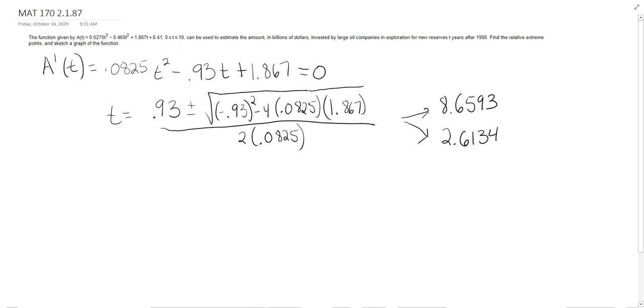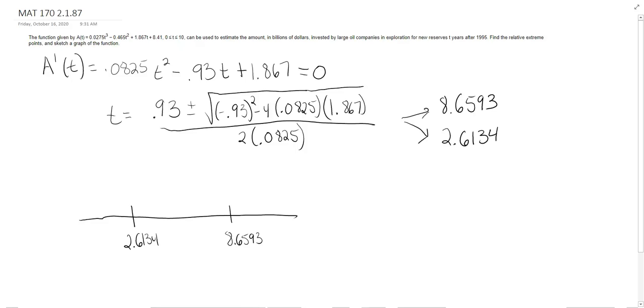Those are my possible places where I could have maximums or minimums. I still need to test whether they are maximums or minimums, so I'm going to set up my number line test with 2.6134 and 8.6593.